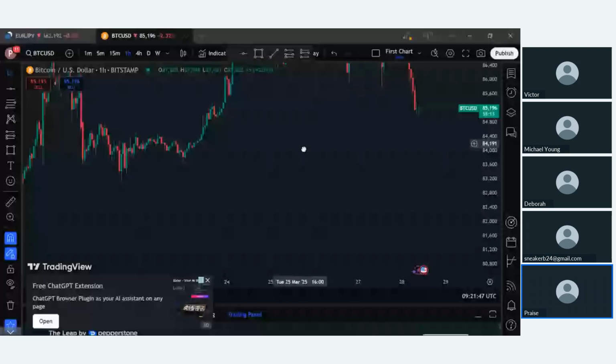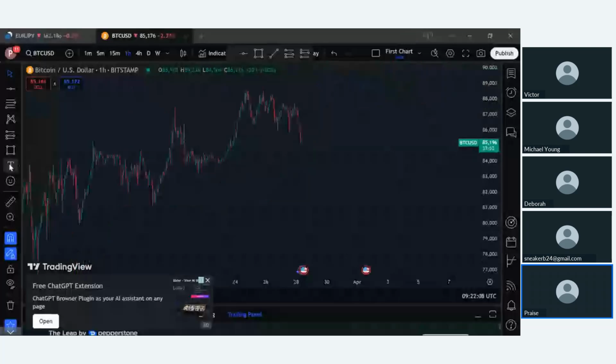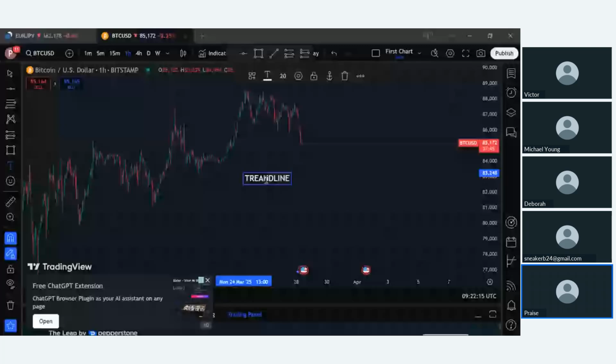All right, lovely. So the first thing I want to show you guys is the concept of trend lines, right? We call it trend line. So trend line is still useful in the market. Now, just like the name implies, a trend line is a line that you draw to identify a trend.